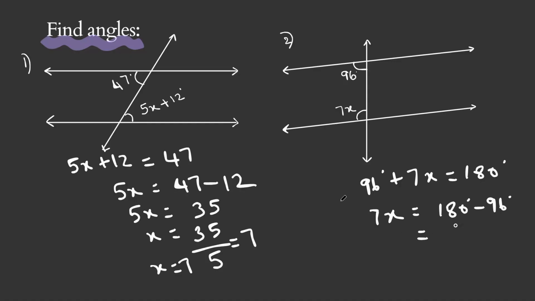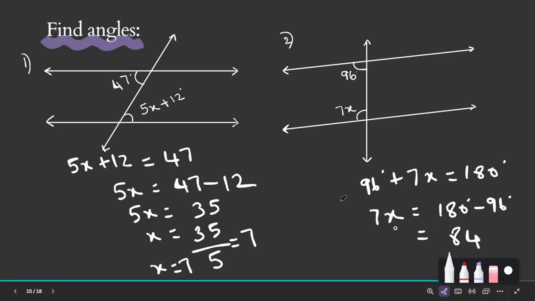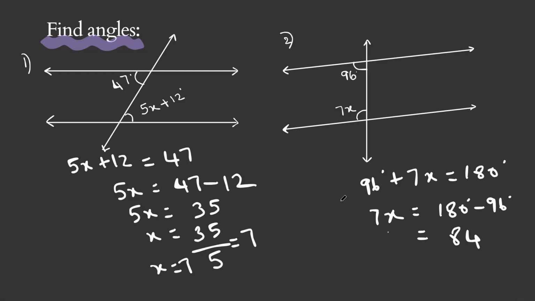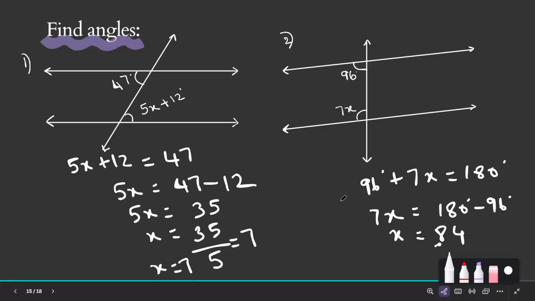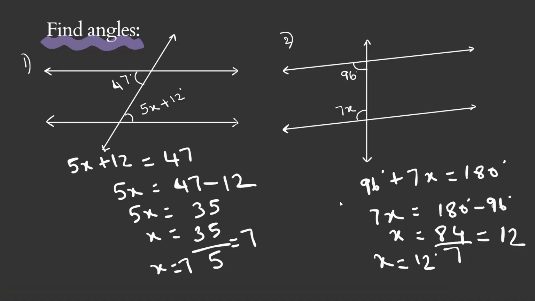That is equal to 84. 7x is equal to 84. 84 divided by 7, that is, x is equal to 12. And this one, 5x plus 12 is equal to 47. We have to find the x in this.